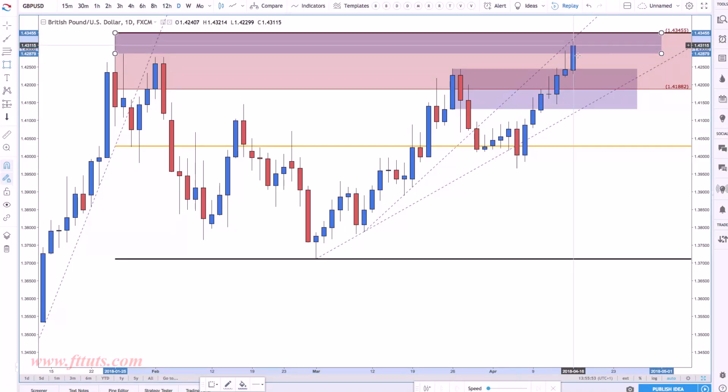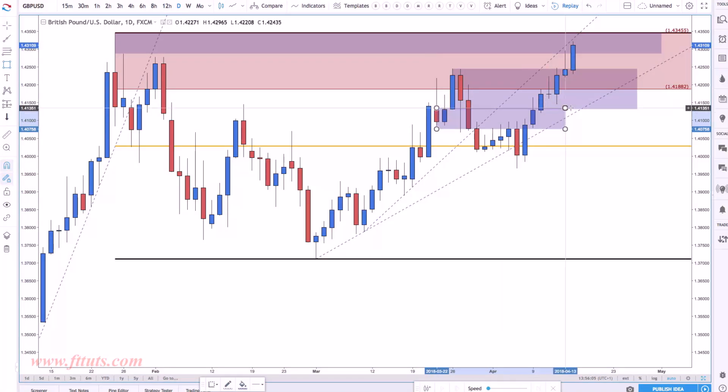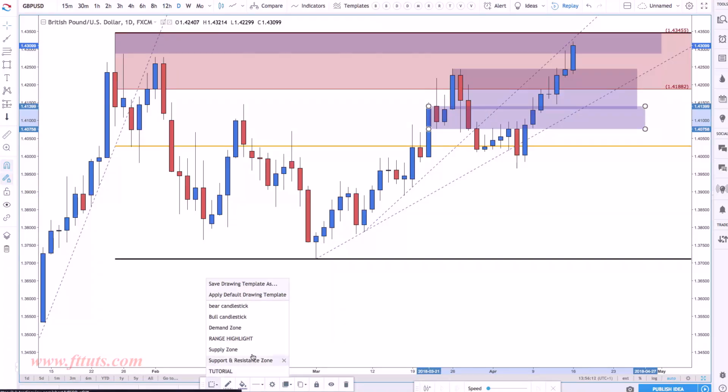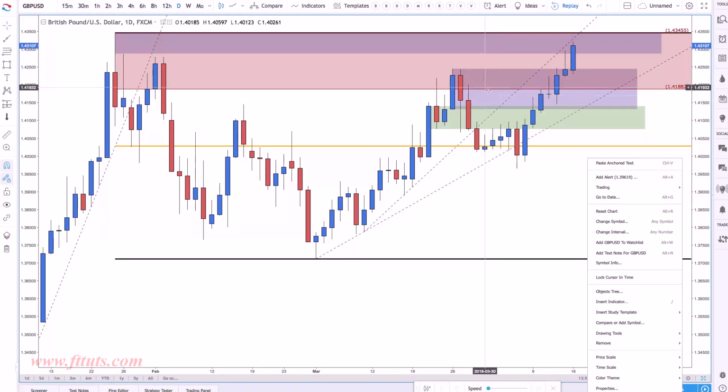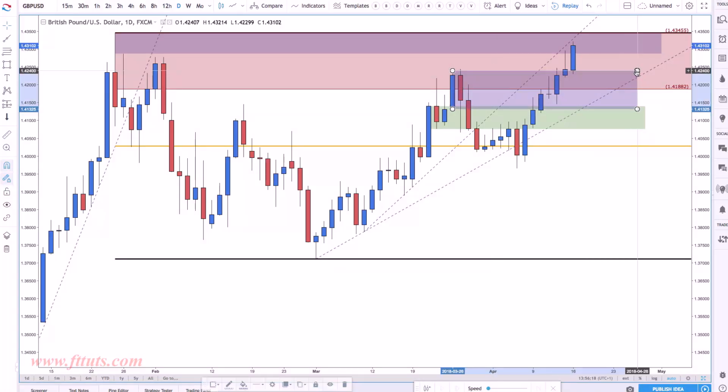This is the cheapest area. So although this is a high probability trade and we did follow the rules, prices did take out some demand here as well, right? So you do have an area of demand, right? And let's do that as green, right? And then this was obviously your area of supply, right?